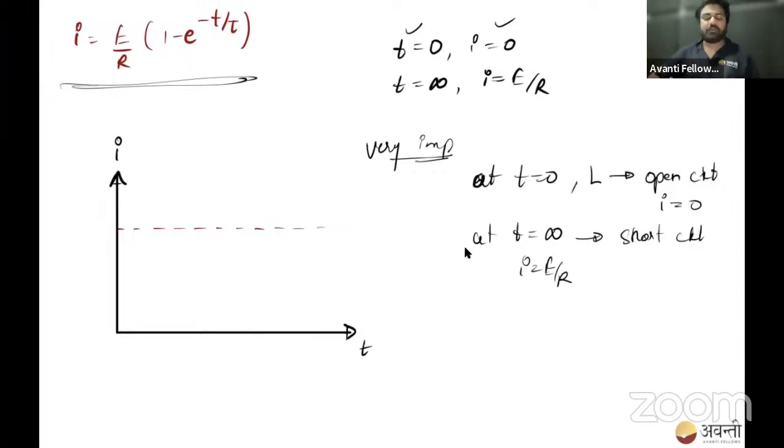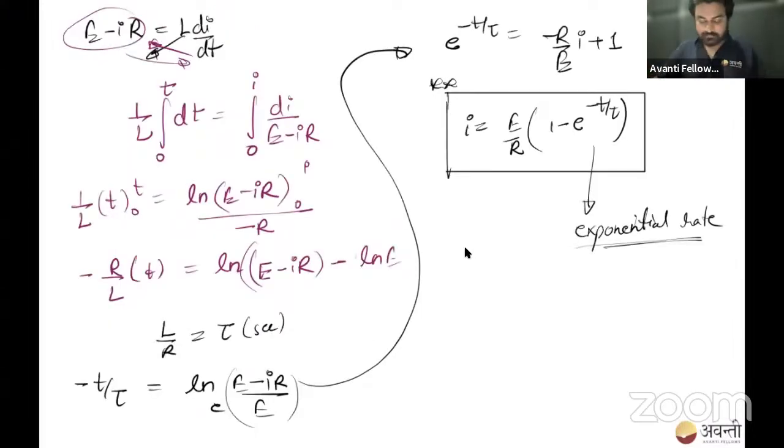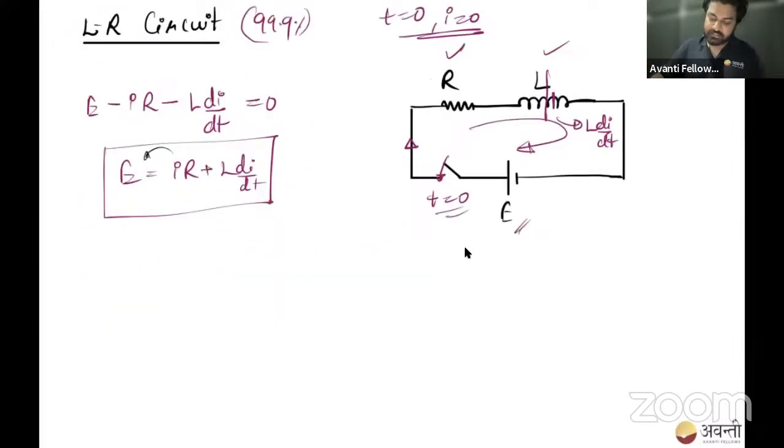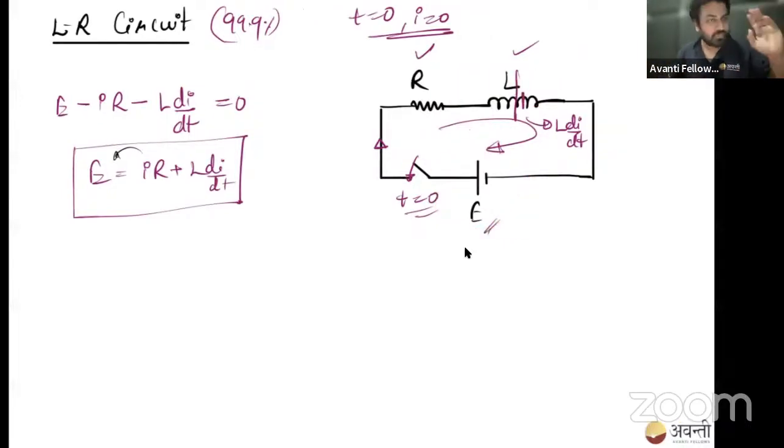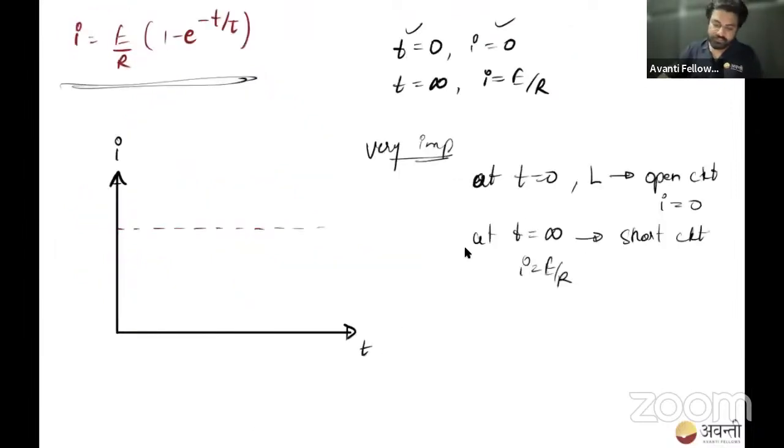Short circuit means the inductor is itself not there. Just see this circuit: if you remove the inductor, then what is the current? E by R. So after a very long time, there is no significance of the inductor. These we are talking for a DC battery. For an AC battery, the story will be different. So this is very important, please remember this.